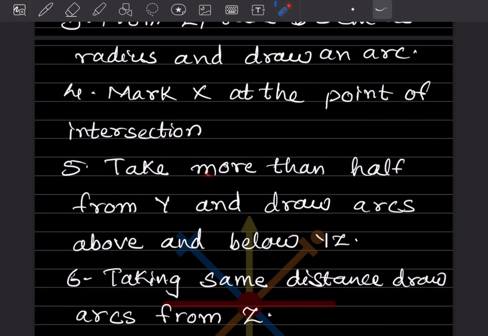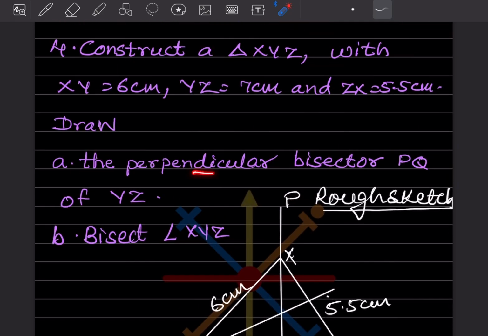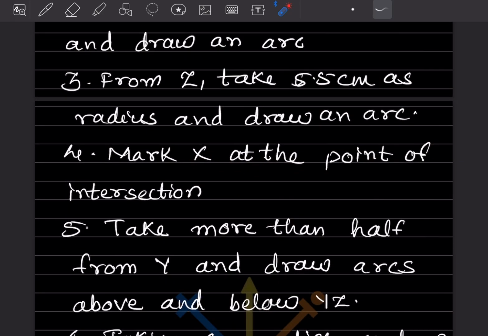So now take more than half from Y and draw arcs above and below YZ. Why is this? We are going to do this for the perpendicular bisector, because they have asked for it. So you have to take more than half from Y and draw arcs above and below YZ.